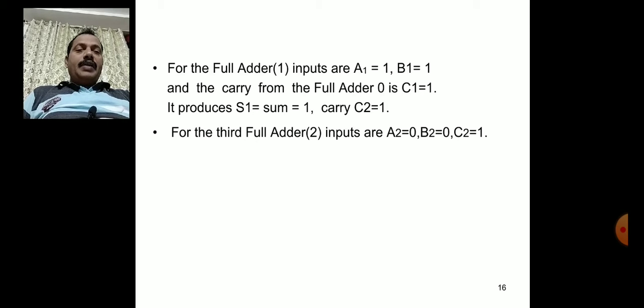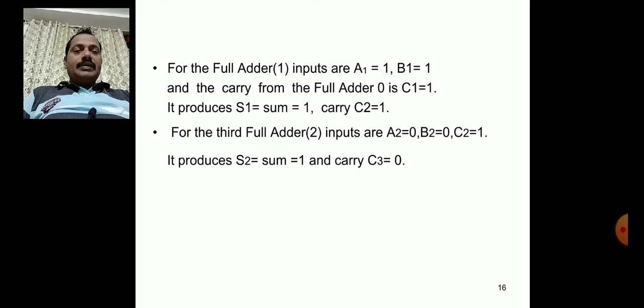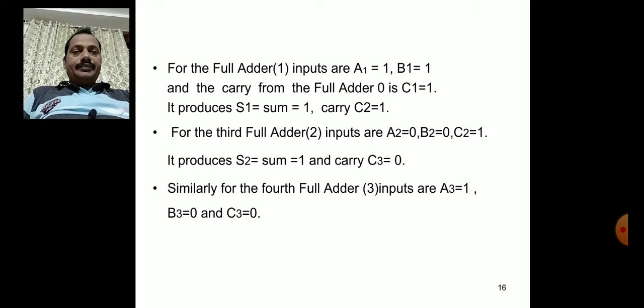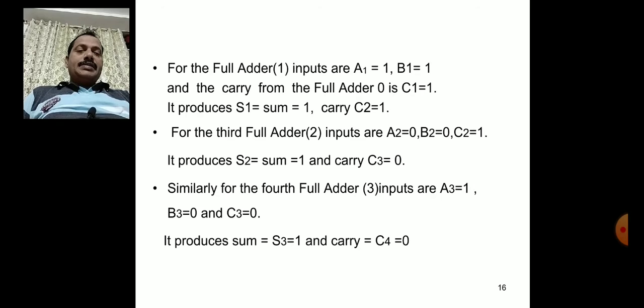For the third full adder, inputs are A2 equals 0, B2 equals 0 and C2 equals 1. It produces sum equal to 1 and carry equal to 0. Similarly, for the fourth full adder, inputs are A3 is 1, B3 is 0 and C3 is 0. Then it produces S3 1 and C4 0.